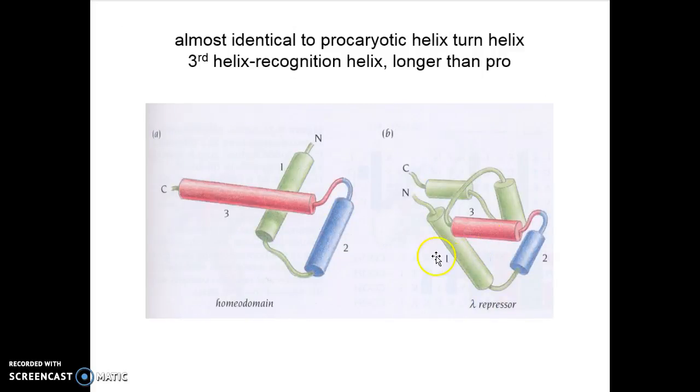It is almost identical to the prokaryotic helix-turn-helix, second and third helix, but the third helix, the recognition helix, is much longer than the counterpart of prokaryotes.